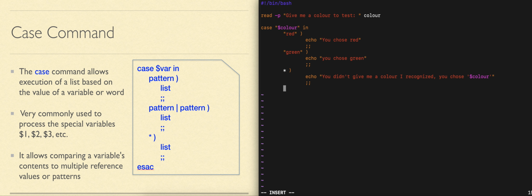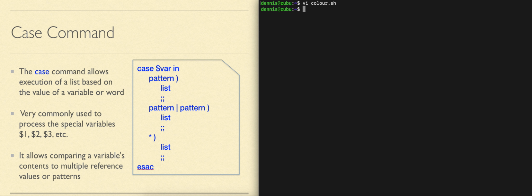Our case command is done for now. And we'll let them know that they've reached the end of the script. And that's all we need for now. So we're going to ask them for a color. We're going to compare it to a couple of known patterns and let them know if we matched. And if not, we'll let them know they didn't match anything we were looking for. Let's save this and run it.